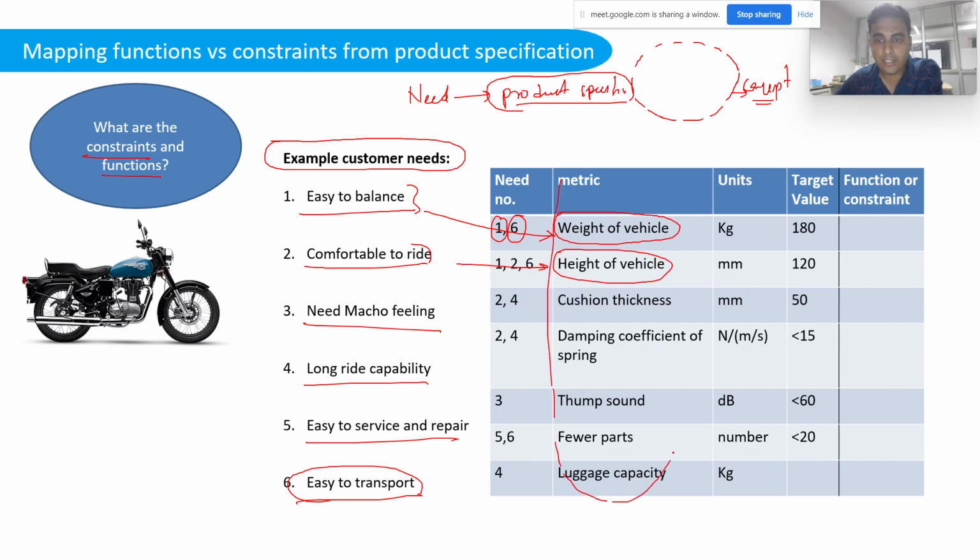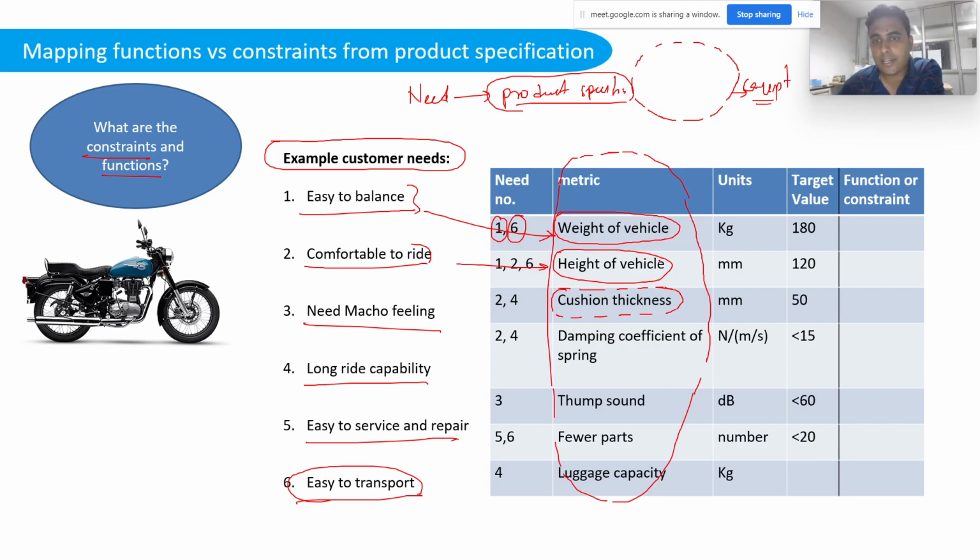Now, in order to convert these metrics into final product features, we need to understand how many of them are actually product functions, and how many of them are actually constraints. So what is the difference? Let me give an example.